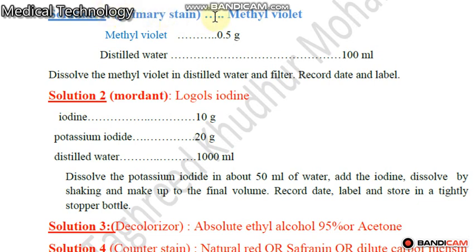Why is it called the primary stain? Because the crystal violet or methylene blue is used as the first solution in a Gram stain procedure.